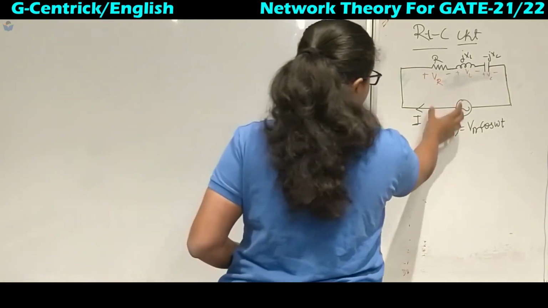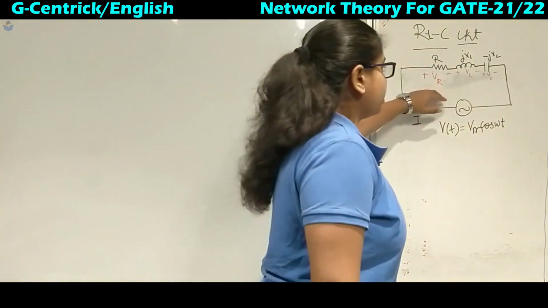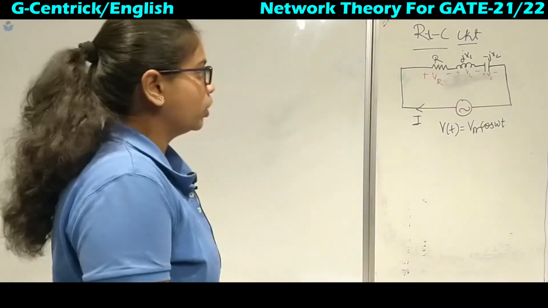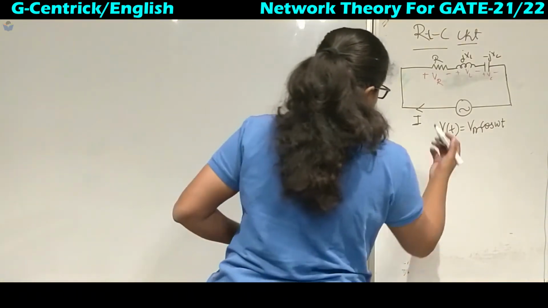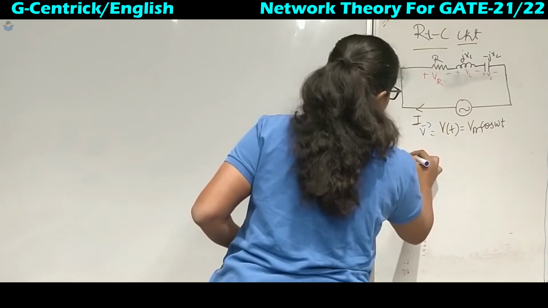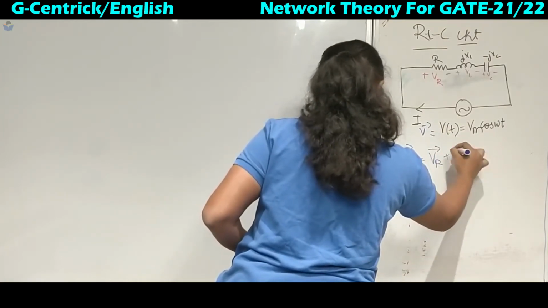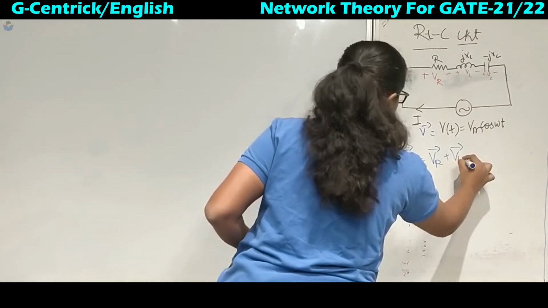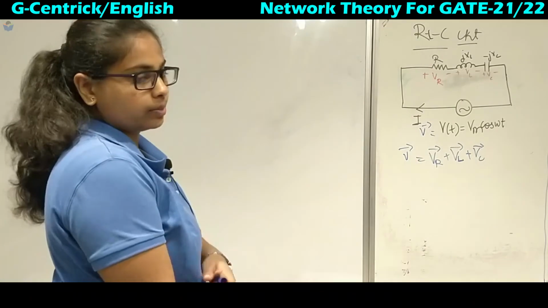When they are connected in series, there will be a voltage drop across each element, that is VR, VL and VC. Similarly, again we will write the total V. So V is equal to VR plus VL plus VC.